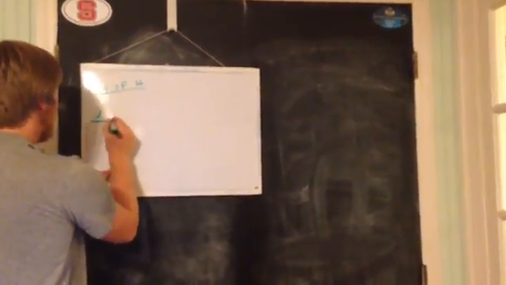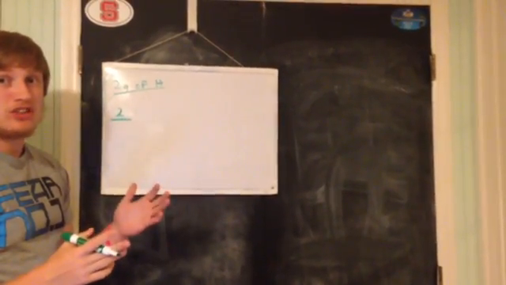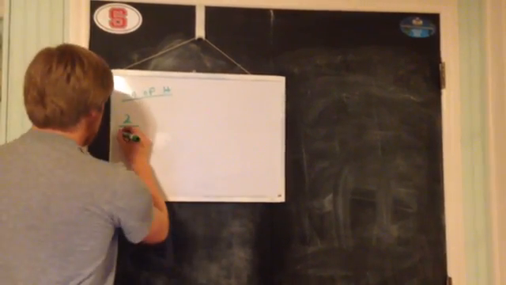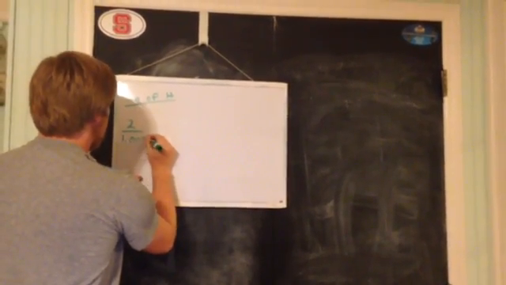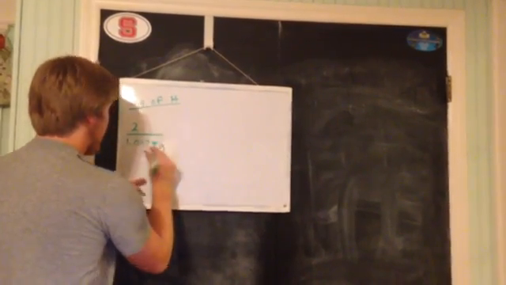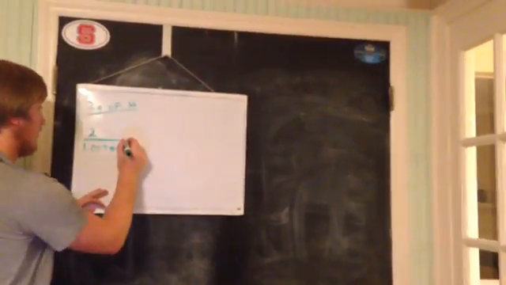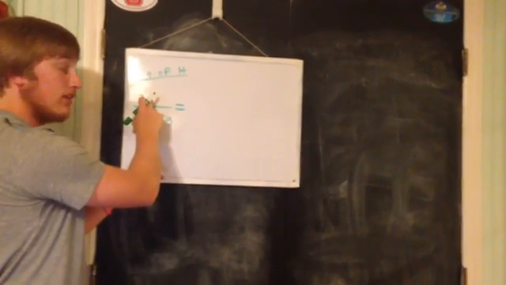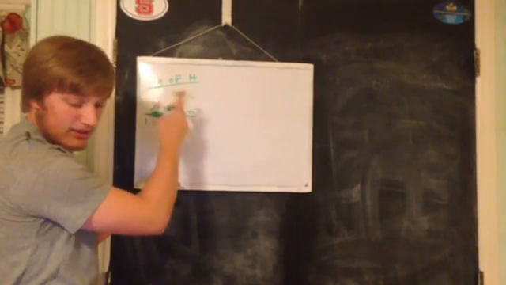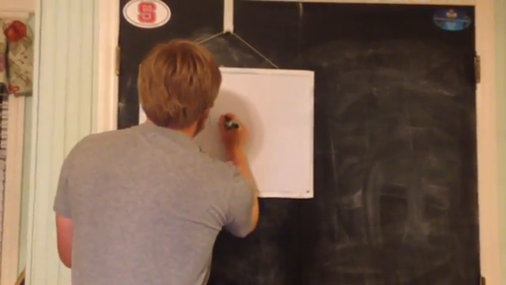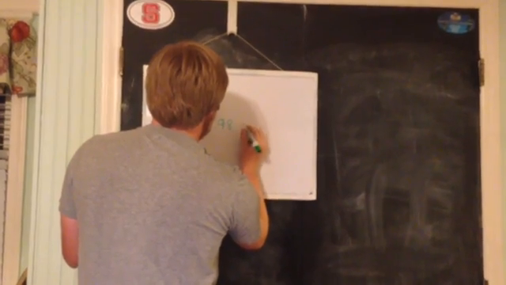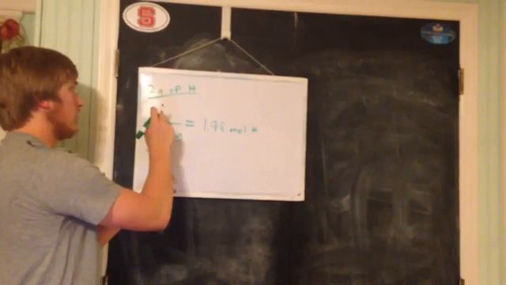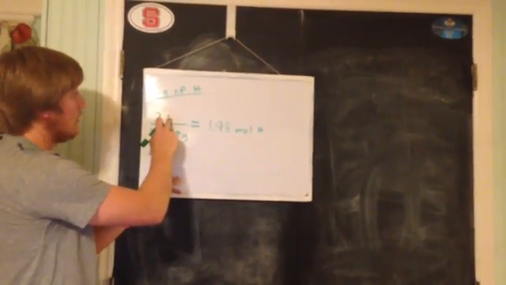So you divide it by the molar mass of hydrogen, which is actually about 1.0079 grams. And that number is about, I think, 1.98 moles of hydrogen in 2 grams of hydrogen.